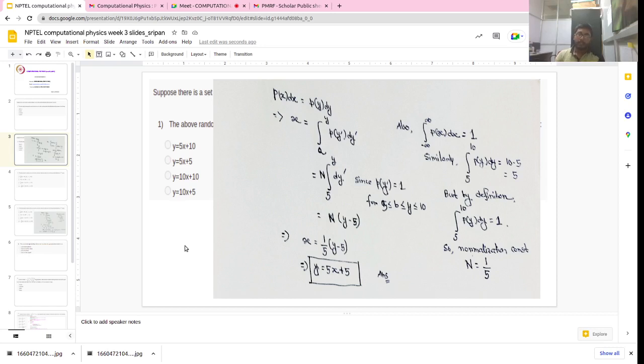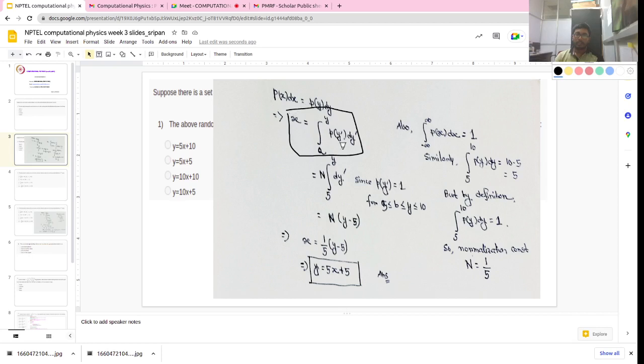From there, if x is following a uniform distribution, then px will be 1 for the limit 0 to 1, and from there we can have this equation which will give us the cumulative distribution function.